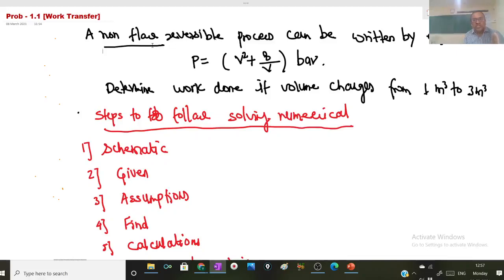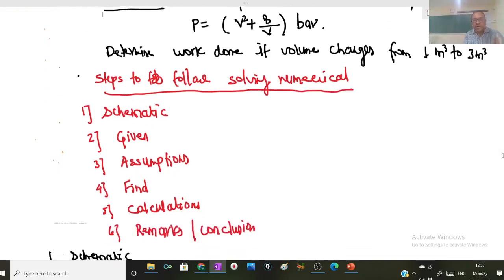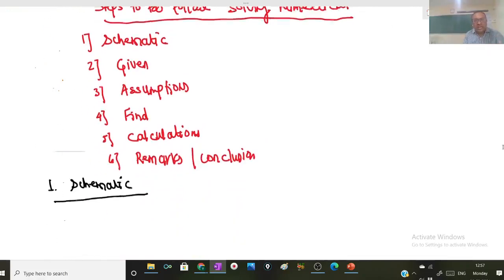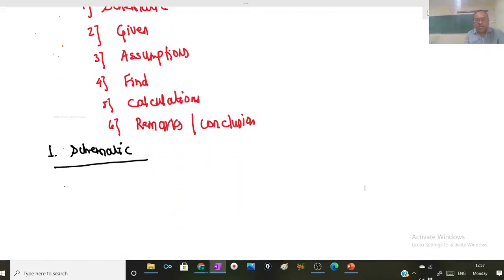So the process which takes place in closed system is called as non-flow system. That means the process in our numerical is inside a closed system. And I know the example of closed system. It is nothing but piston cylinder containing some gas.